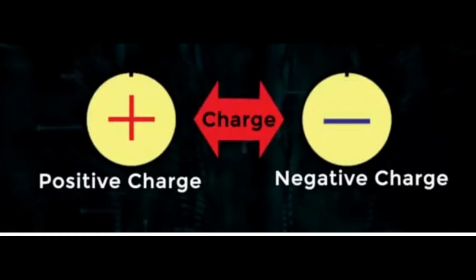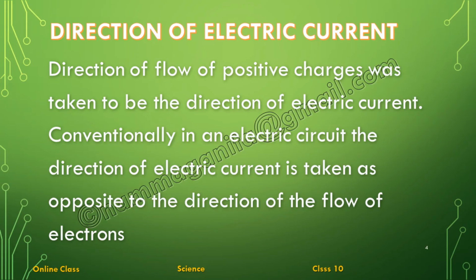However, electrons were not known at the time when the phenomenon of electricity was first observed. So, electric current was considered to be the flow of positive charges, and the direction of flow of positive charges was taken to be the direction of electric current.